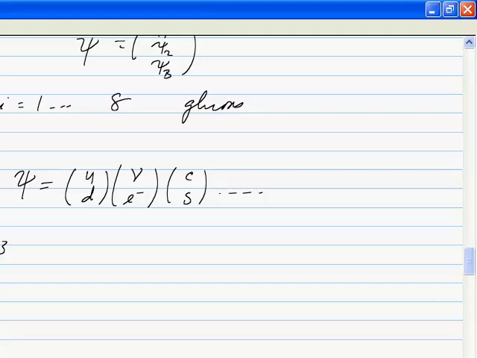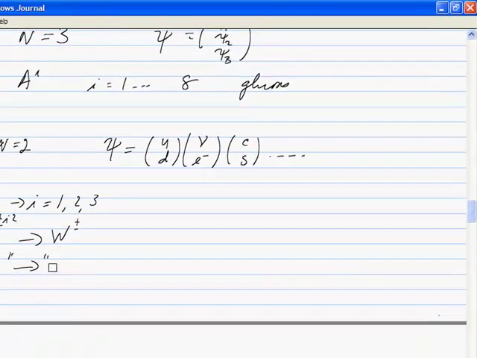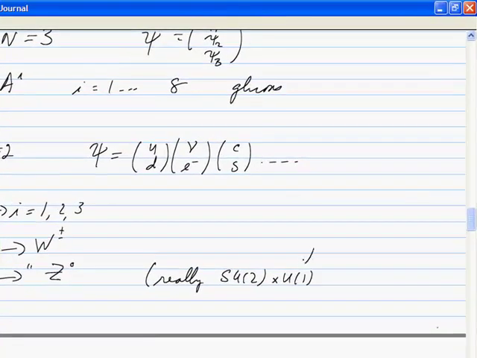A3 goes almost to the neutral gauge boson, Z0. And really, it's SU(2) cross U(1). The U(1) gauge boson, let's just call it B mu.